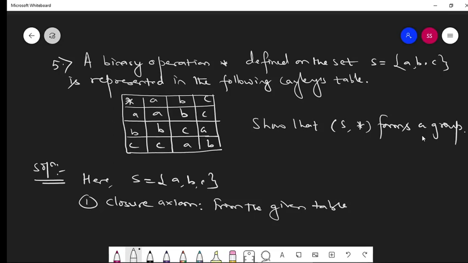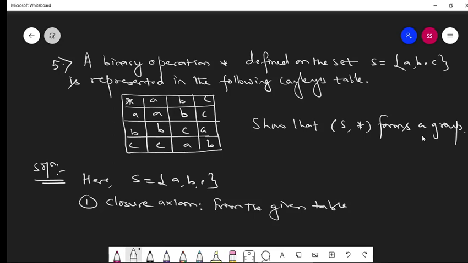A asterisk C asterisk C equals B equals A asterisk C also, and B asterisk B asterisk C equals B equals B asterisk B asterisk C, and so on.